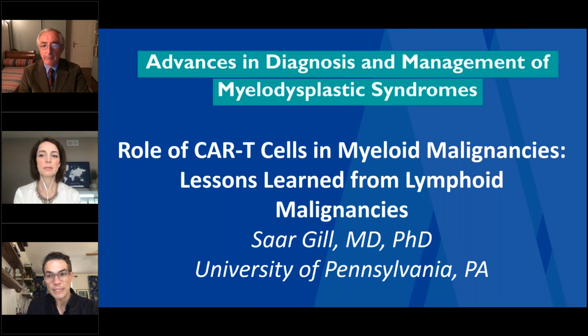CD123 I do expect to be non-redundant, at least in some cases, because it has a very clear function as the alpha chain of the interleukin-3 receptor. And interleukin-3 has a considerable history. We don't, of course, use it therapeutically now, but it was investigated in the 90s as one of the cytokines that were at the time being considered as a hematopoietic growth factor, as eventually we used GM-CSF and particularly G-CSF.